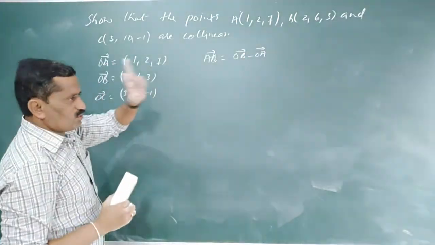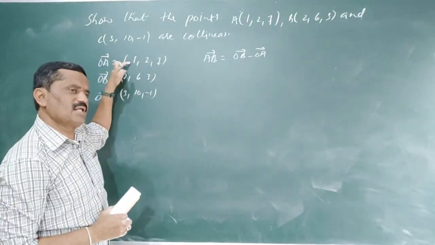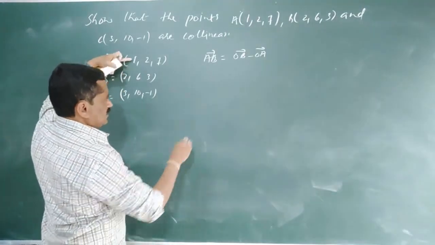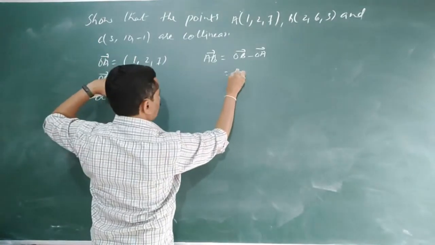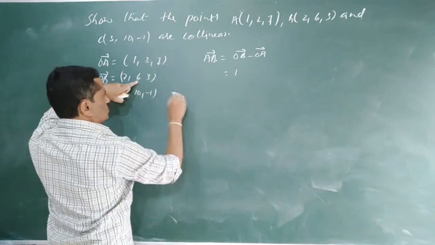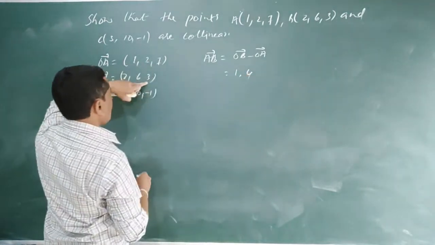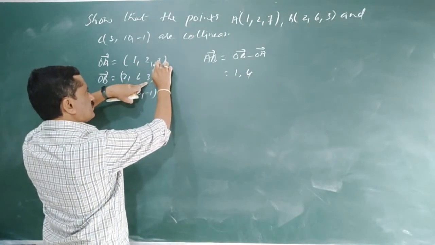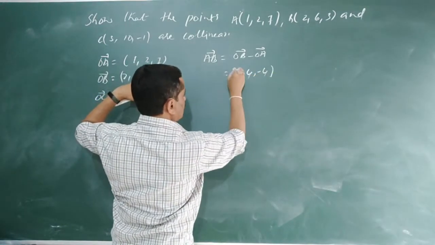So I already told you that these points can be written in terms of vectors or vectors can be written in terms of points. So here we have 2 minus 1, that is 1, again we have 6 minus 2, we have 4, again we have 3 minus 7, minus 4.